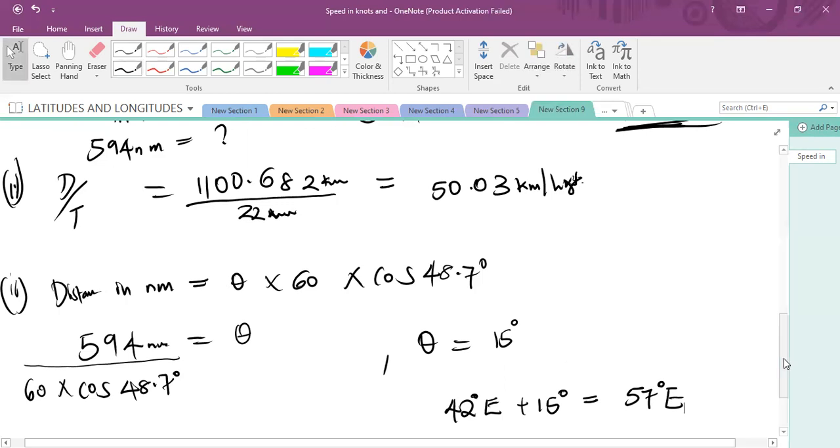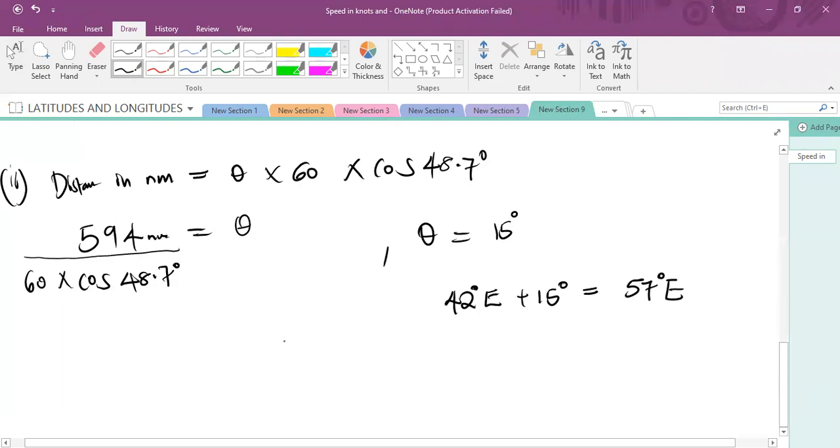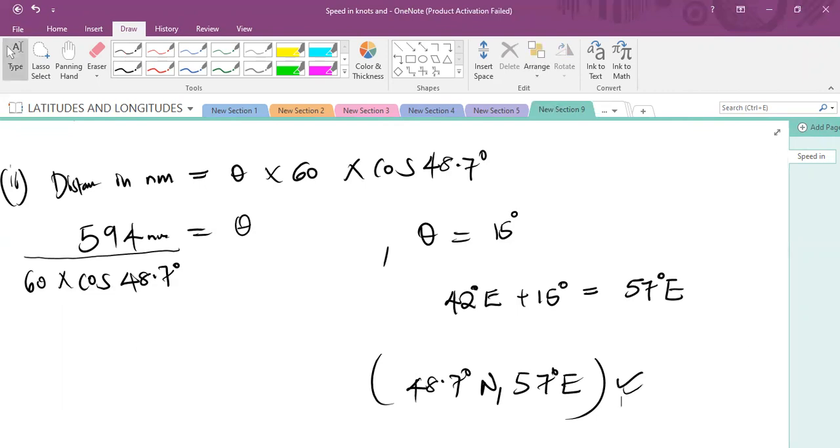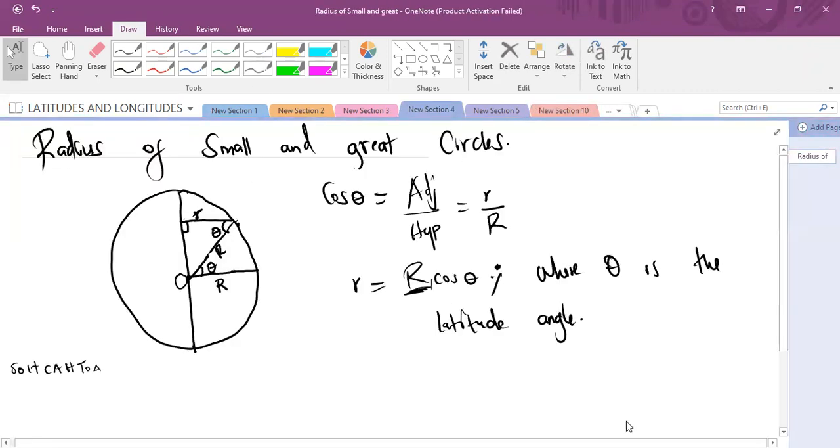Okay, 57 degrees east, which is basically the position of island B. So the position is given by latitude, then longitude. So the latitude is 48.7 degrees north, and then the longitude, we've gotten it as 57 degrees east, and that's it. Okay, so basically that's it for latitudes and longitudes.